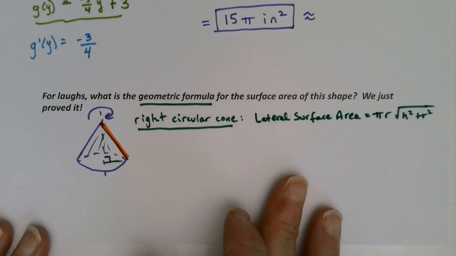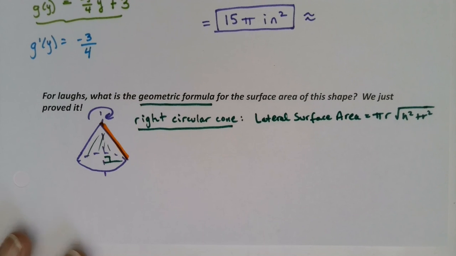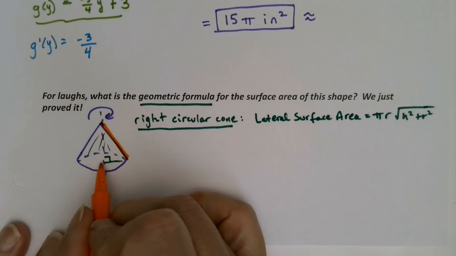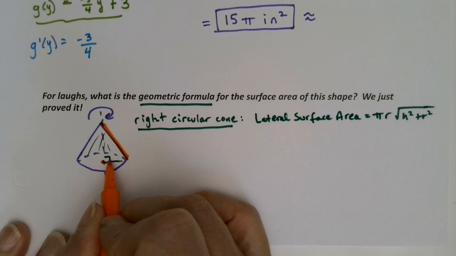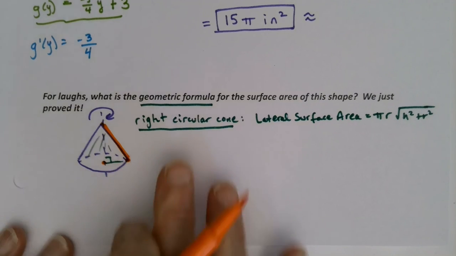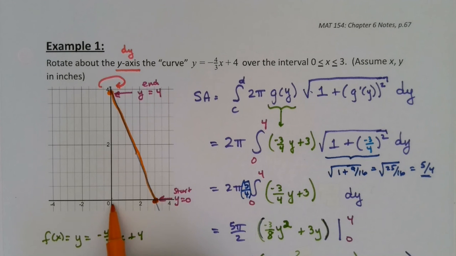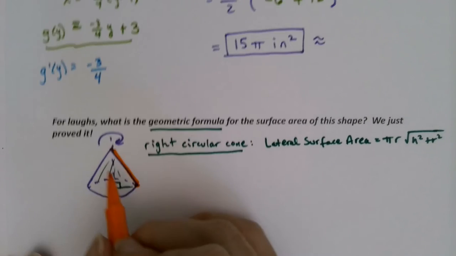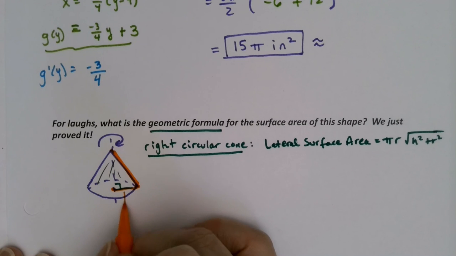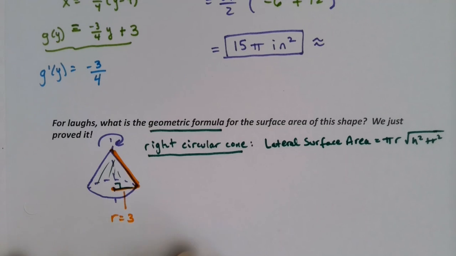Okay, well, let's think. What would be the radius? The radius is the distance from the center, the axis of rotation, out to that edge, which we know from back up here is 3, right? So that radius is 3.